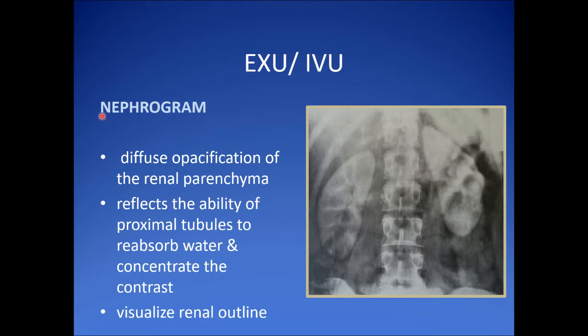In the nephrogram phase, one could see diffuse opacification of the contrast material in the renal parenchyma. This is actually the best phase where you can measure the kidneys and evaluate the renal outline and the location. The nephrogram phase reflects the ability of the proximal tubules to reabsorb water and concentrate the contrast material.